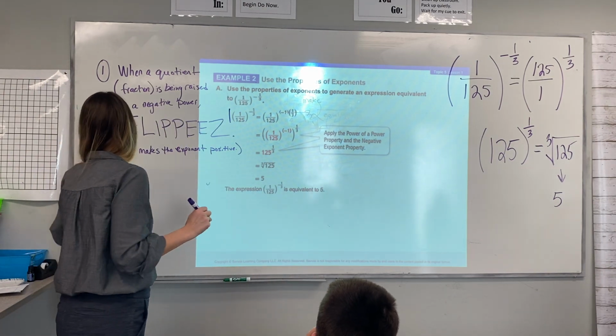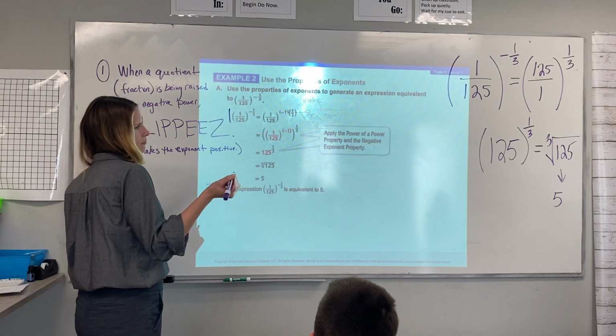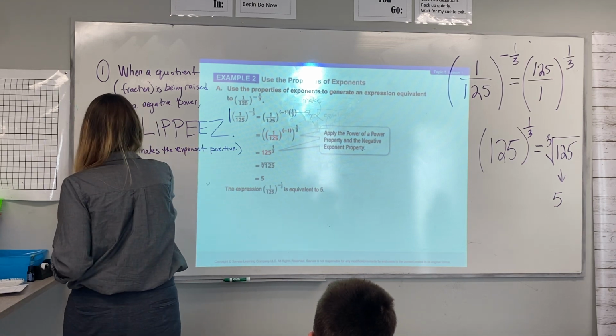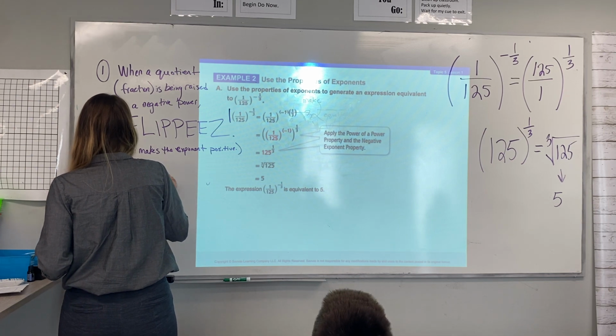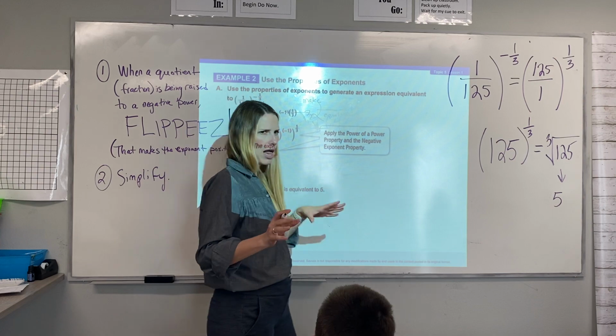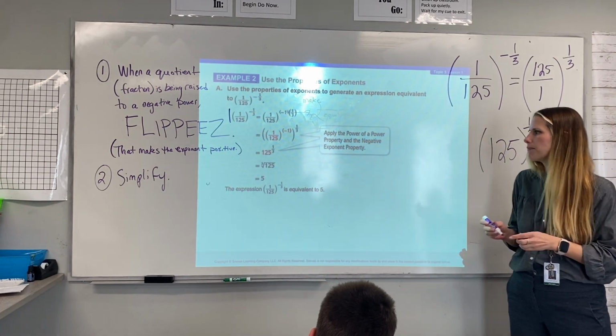That'll be confusing. Then just simplify. I'm gonna make it general because if I get too specific, it will only apply to this problem. So I'm just gonna say simplify for that.